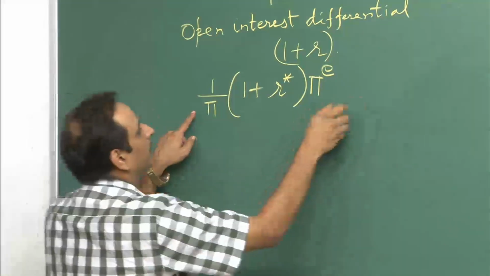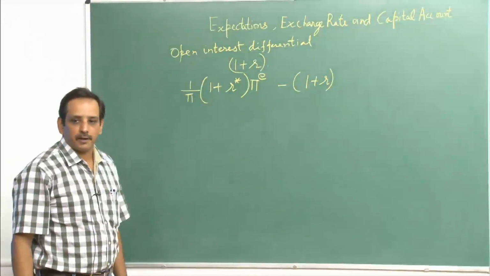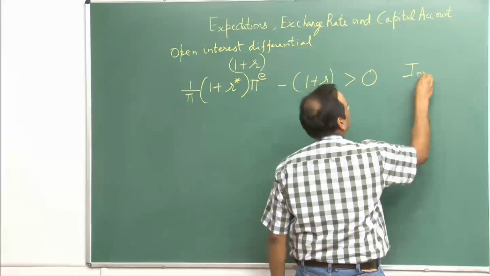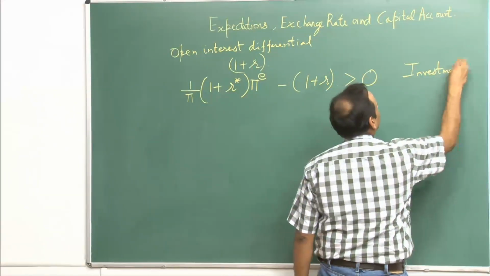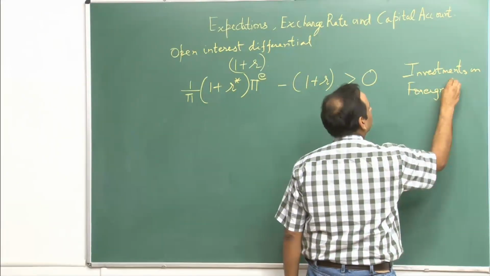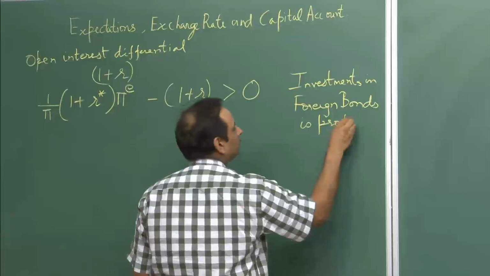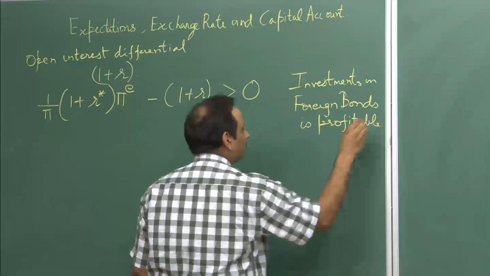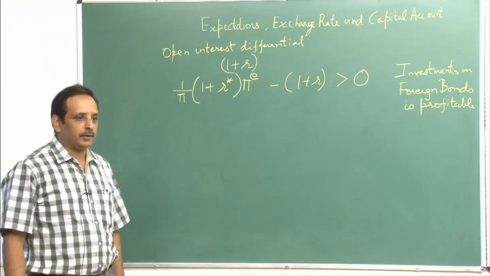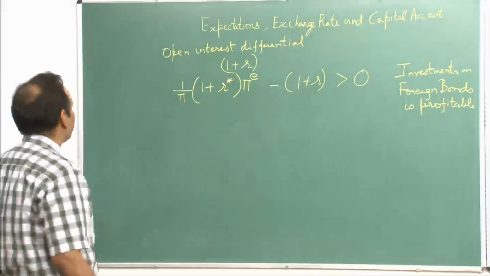Then if we compare this with the return that we get in India, and if this is greater than 0, then your investment in foreign bonds is profitable. If it is less than 0, then it is worthwhile for the foreigners to invest in the domestic bonds.